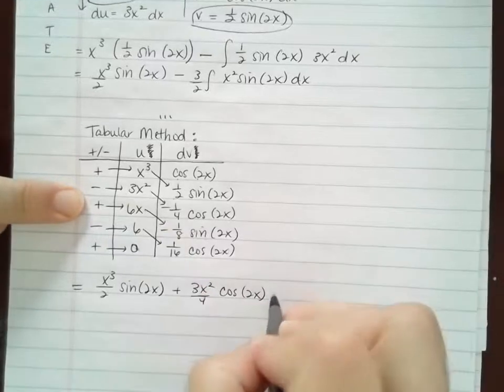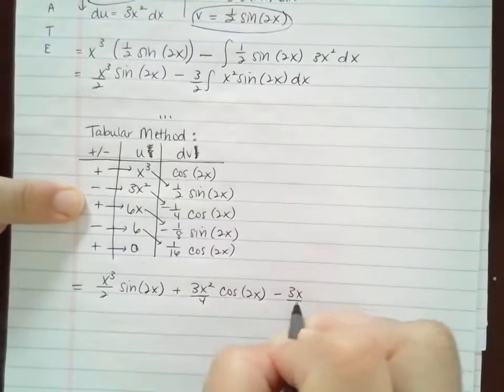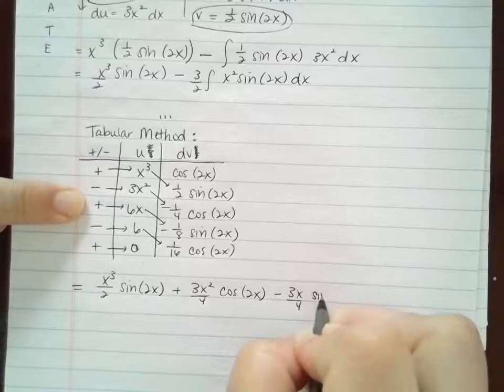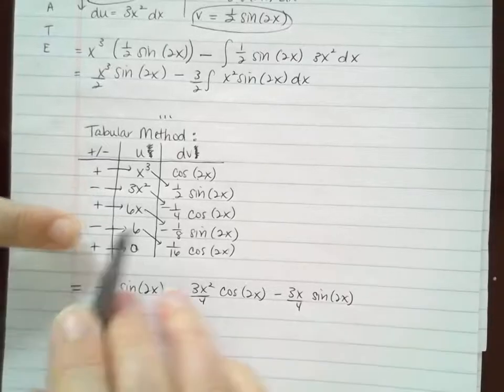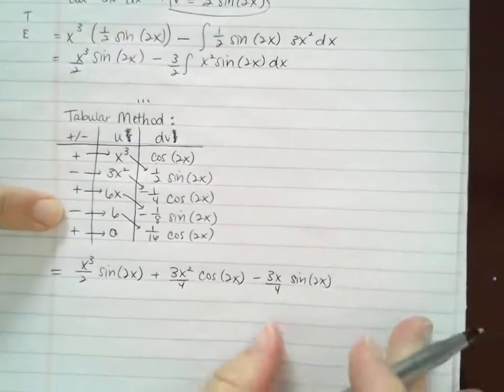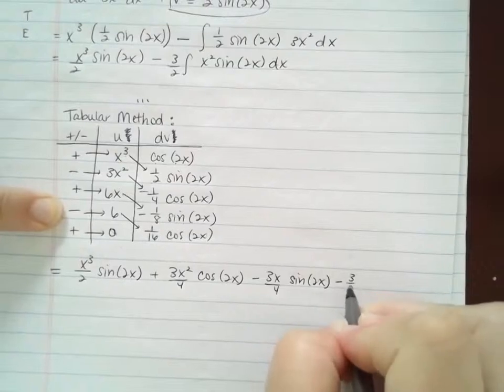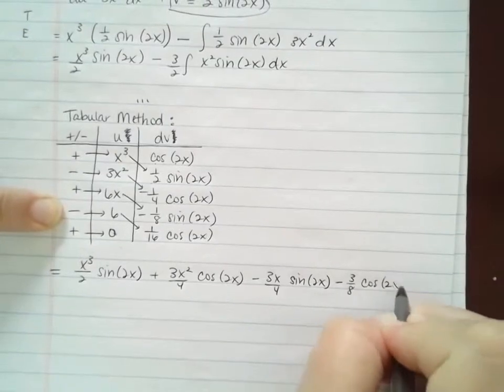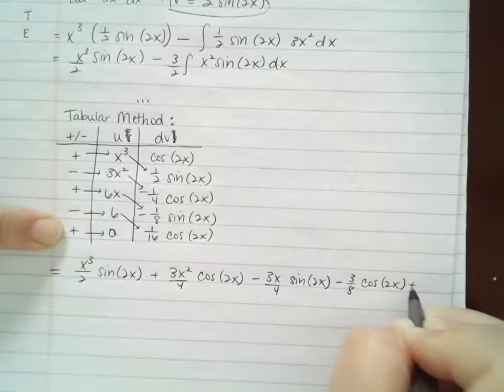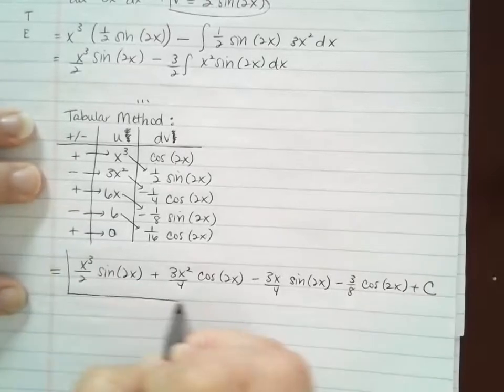I am going to simplify that to negative 3x over 4. Negative 6, positive 6, 1/16, that becomes negative 3/8. And then this +0 is the plus c that we need at the end.